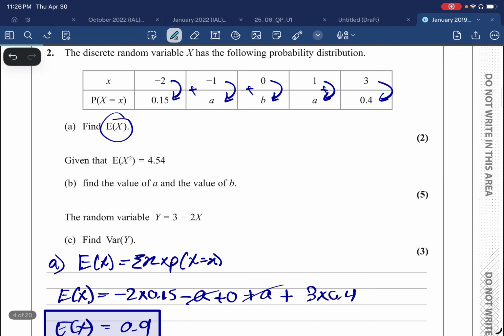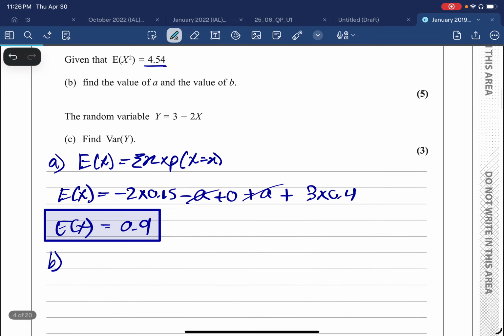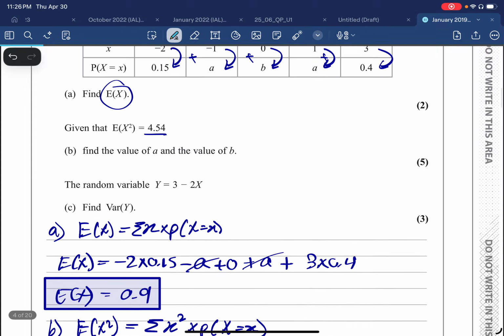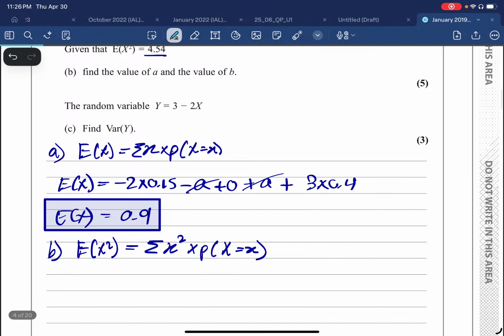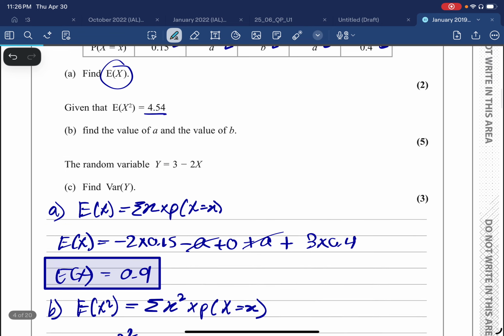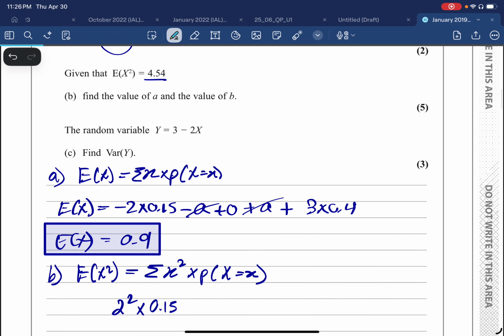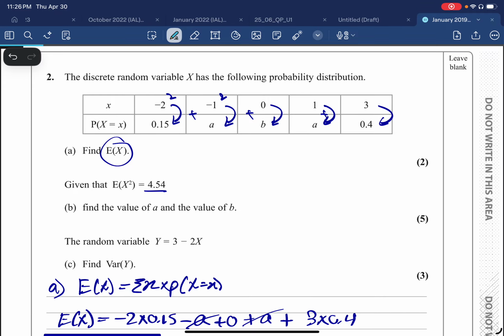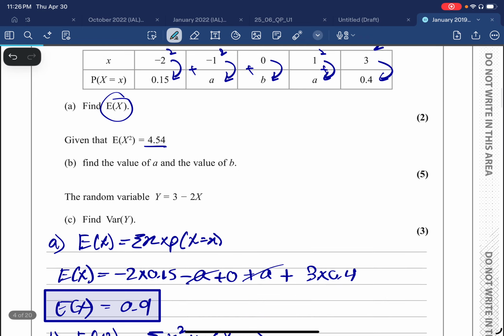Done. Part b. Given that the expectation of x squared is 4.54. Now, expectation of x squared is given by the formula x squared times the probability P(X = x). So here, we're basically going to just square these and do the same process again.